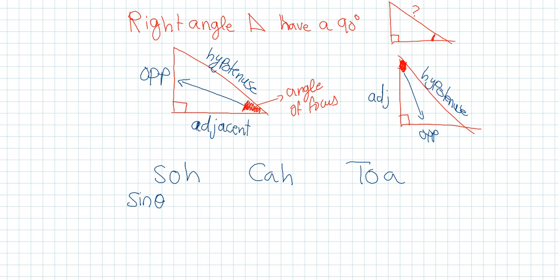Sine angle theta is, O stands for opposite, and it's divided by hypotenuse for H. So that tells me that my formula for sine is the ratio of the opposite over the hypotenuse. Yes? How about for cosine? What can you come up with here? CAH. Cosine, the angle is what? Adjacent.